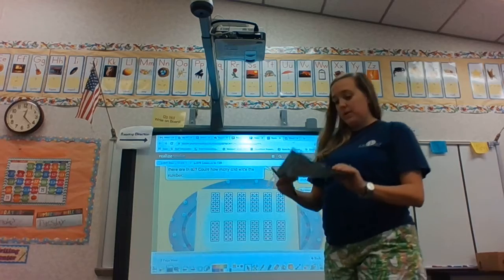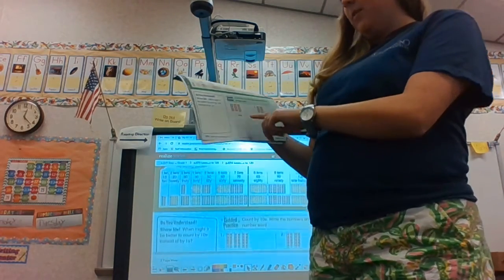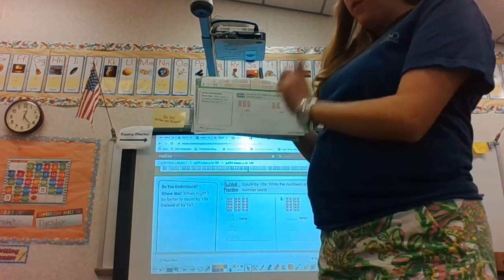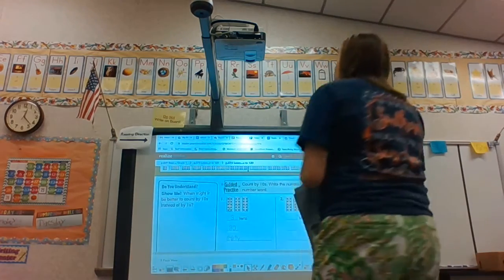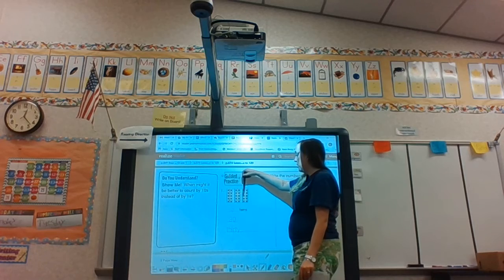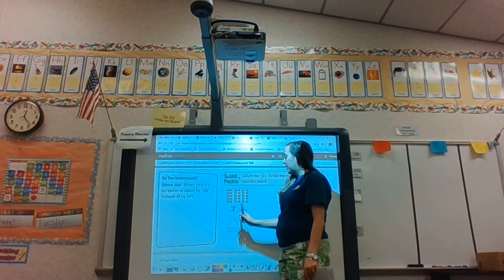Alright, so in our guided practice, we are going to count how many tens we have, write how many tens we have, write what number it is, and write the number word. So in number 1, we're going to count how many tens we have. We have 1, 2, 3 tens. So I will put that's how many tens we have.